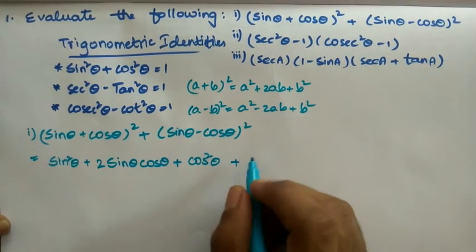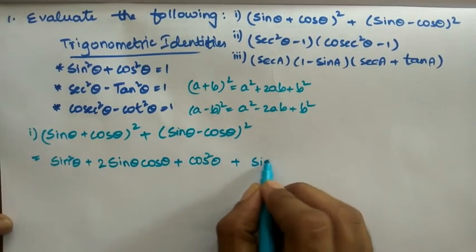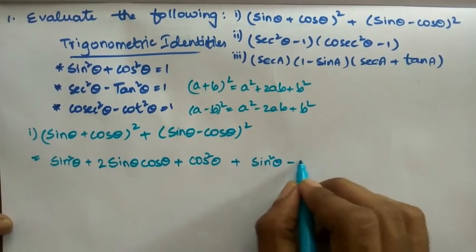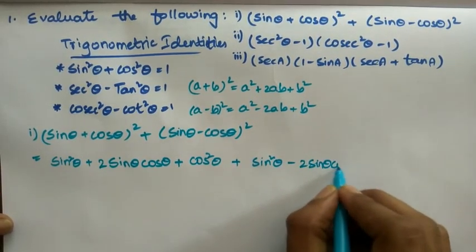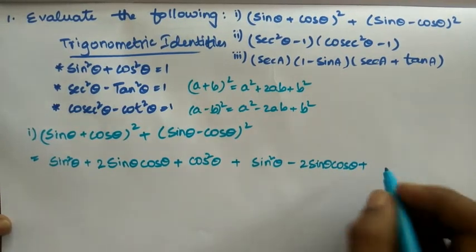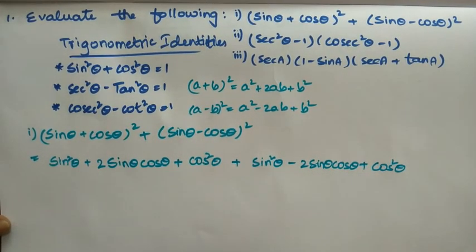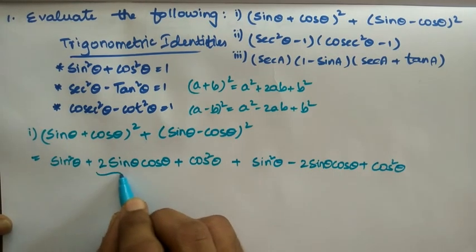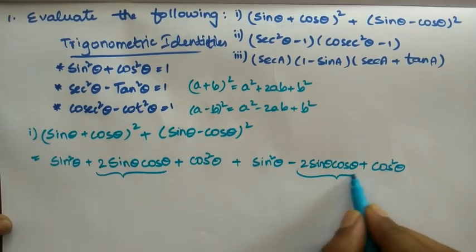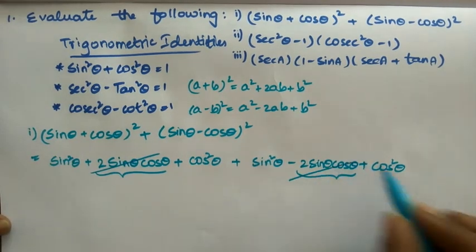It can be written as sin square theta minus 2 sin theta cos theta plus cos square theta. Here we have plus 2 sin theta cos theta and minus 2 sin theta cos theta, so both get cancelled out.